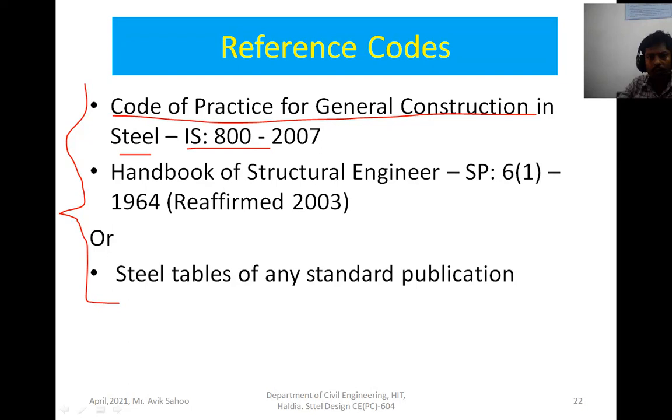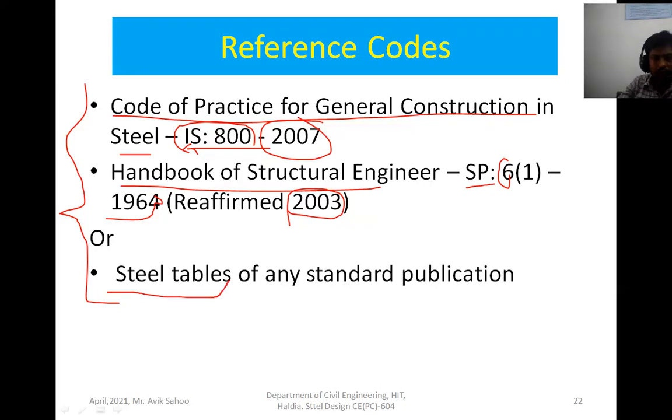The code number is IS 800, Indian Standard, published in 2007. Now the handbook is also required, that is SP6. SP means special publication. The number is 6, and it was published in 1964. Again it was reaffirmed in 2003.